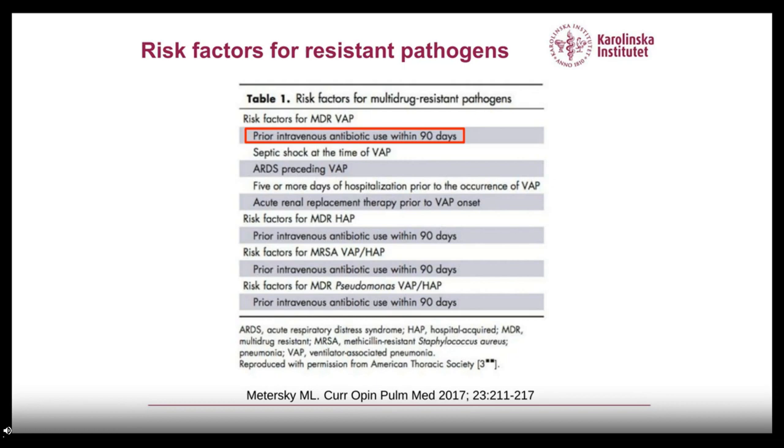There are also other things like septic shock at the time of VAP, ARDS, and 5 or more days of hospitalization prior to occurrence of VAP, and even acute renal replacement. And then there are the overall risk factors for specific bacteria, and it's quite frequently linked to previous antibiotic use, which was given in many of the COVID patients, notably.